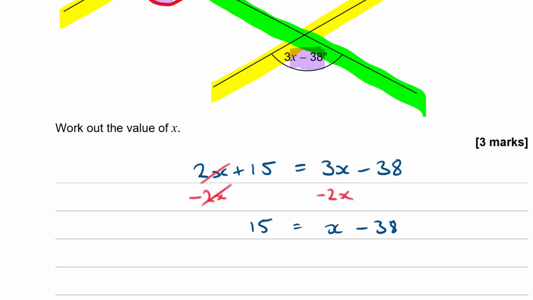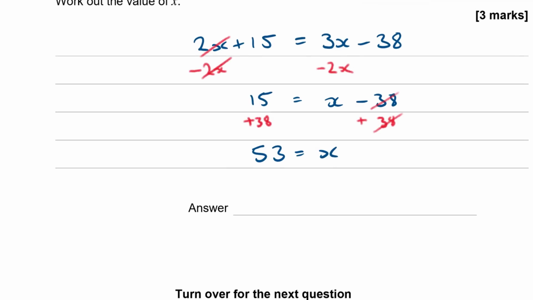Now all I need to do is add 38 to both sides. Minus 38 plus 38 cancel each other out, leaving you with x on the right, and on the left 15 plus 38, that's 53, isn't it? That tells me that x is equal to 53.